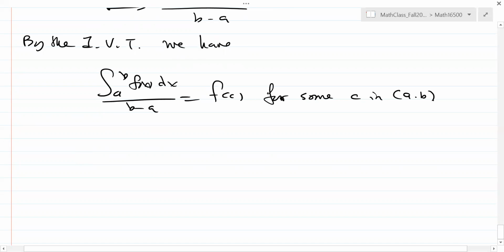We have a different one. You see, this is an average value. The average value is going to be the value of the function at some point.